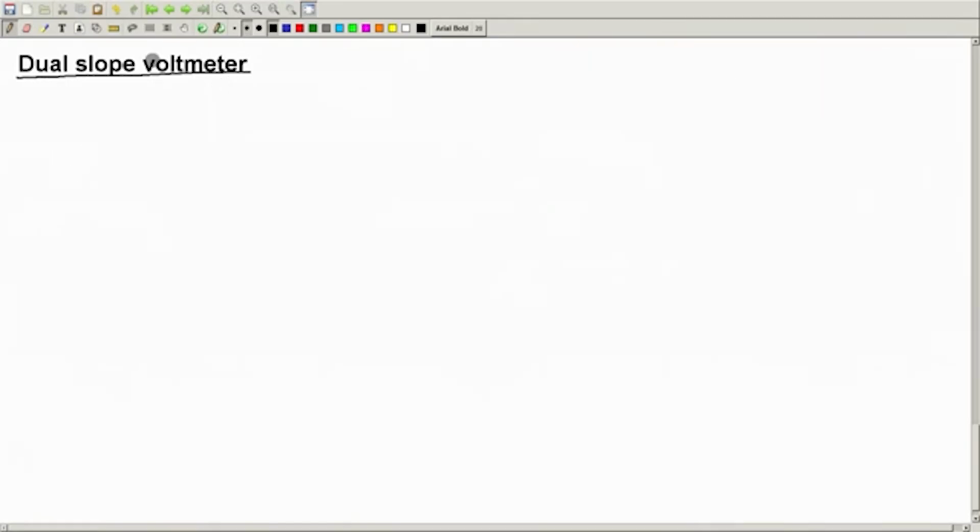What do we have here? For this we will need something new. We will need an integrator. Integrator circuit we will talk about later separately.